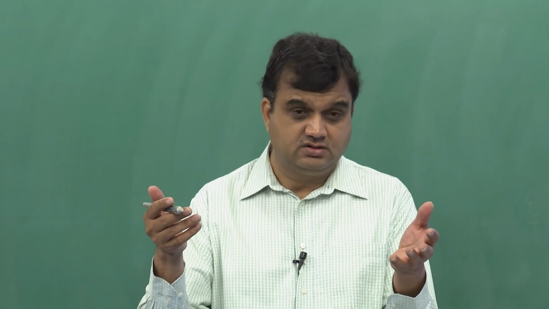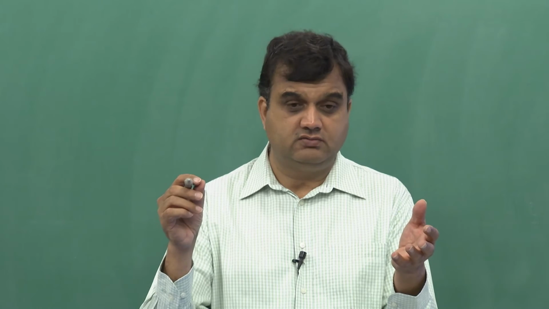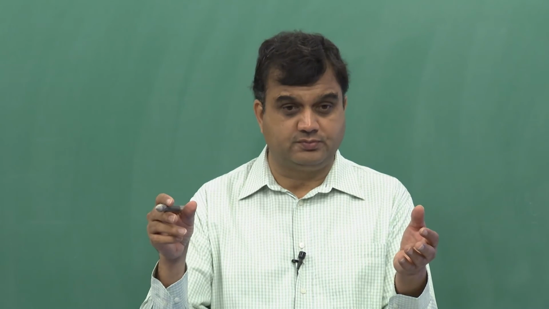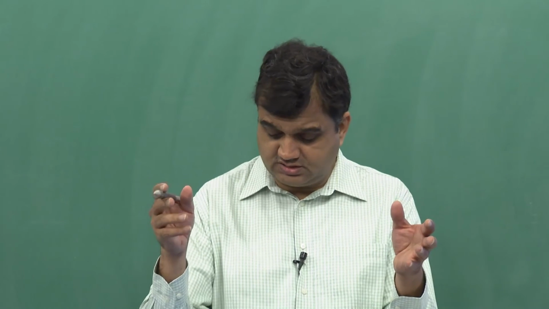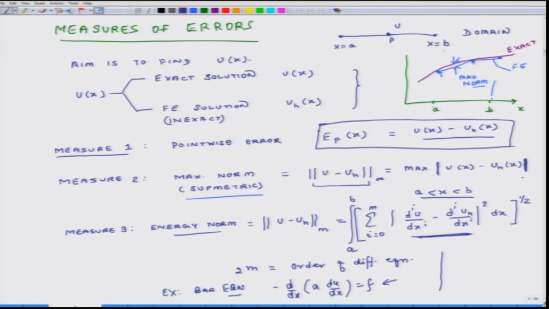For instance, strain energy density is E, Young's modulus, times strain square divided by 2. So, the computation of the norm involves derivatives of u and squares of derivatives of u, and that is why it is called energy norm.